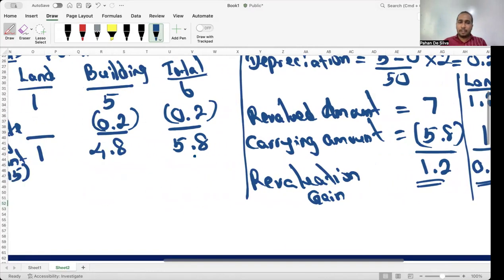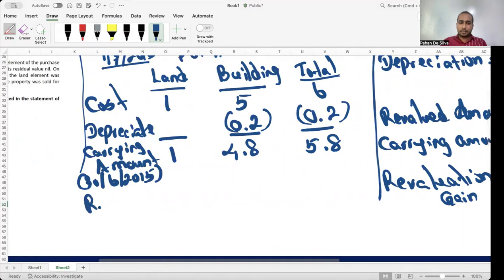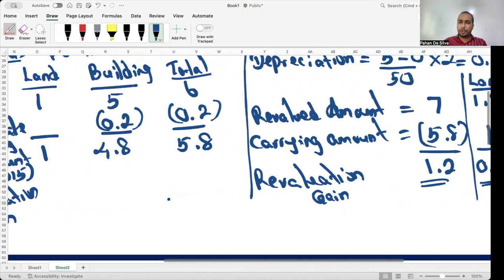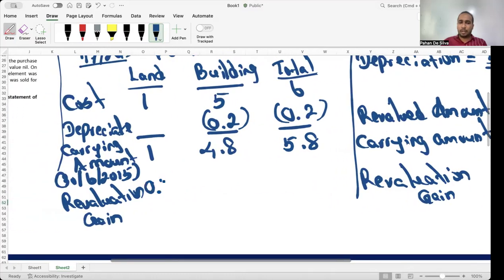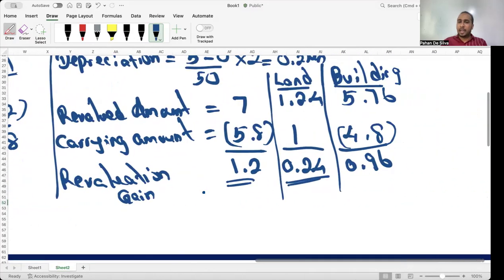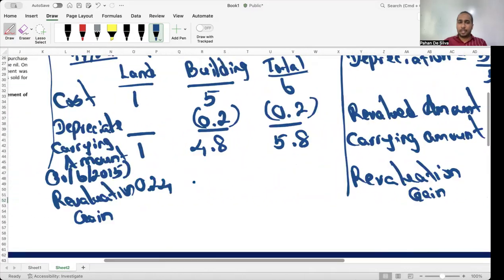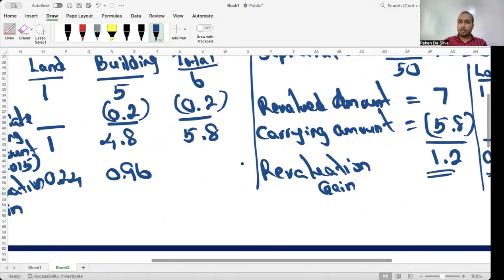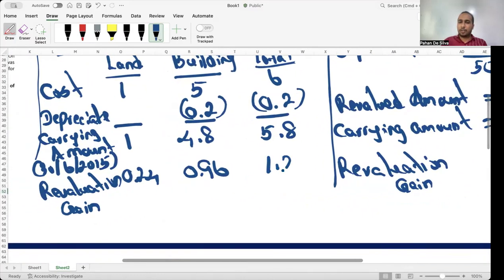So now I will record the revaluation gain here. In respect of land, we get a revaluation gain of 0.24, and in respect of building, it is 0.96. Accordingly, the total revaluation gain is 1.2.